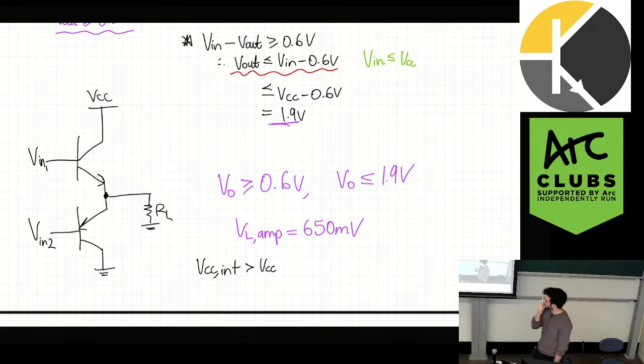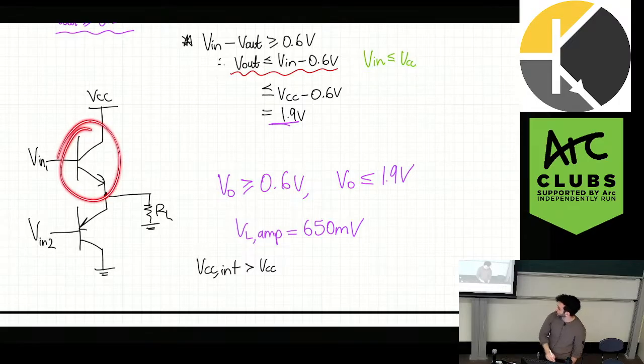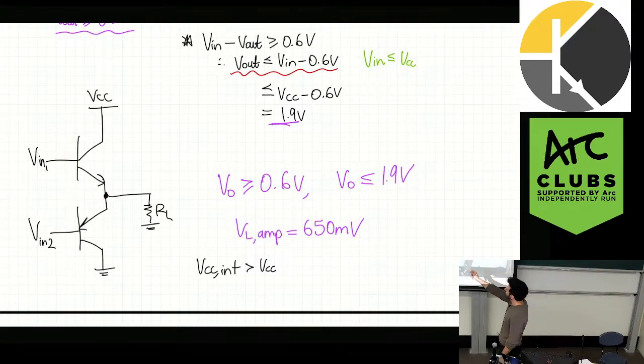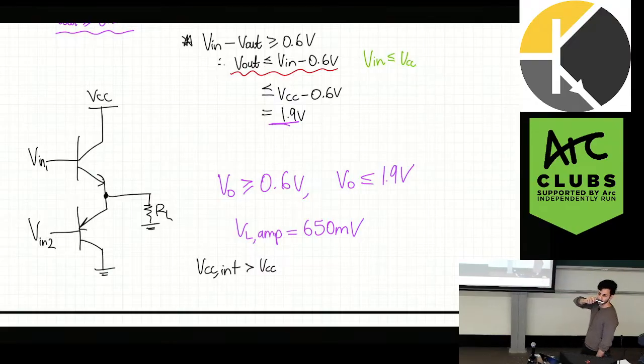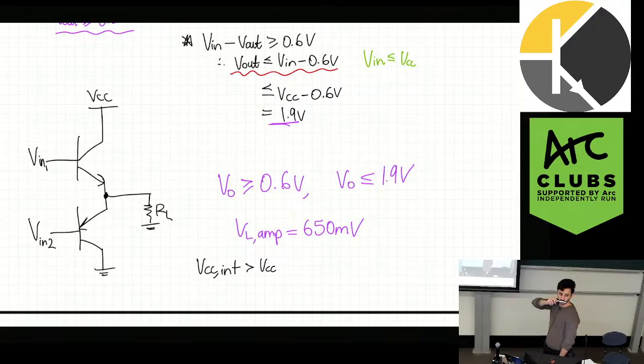Now, Torsten also provides another possible argument to this, which is probably a bit confusing, so I'll just quickly explain it. Instead of using BJTs, because what was limiting our voltage swing was the BJT, we just have to keep the transistors on.